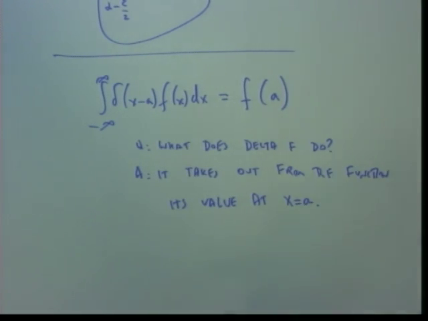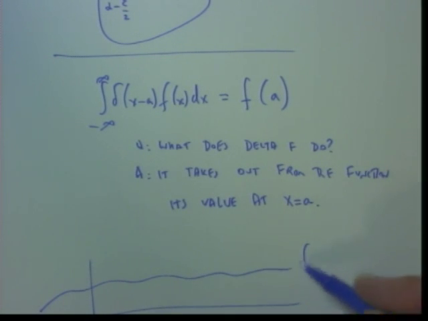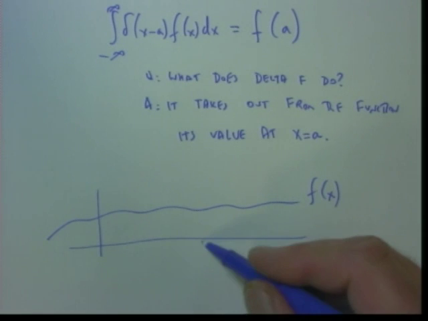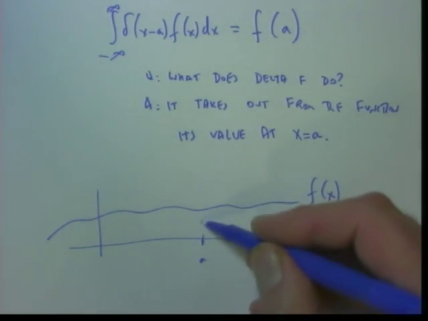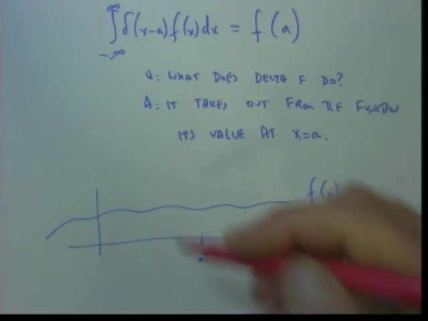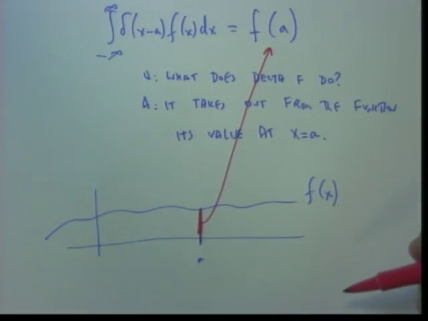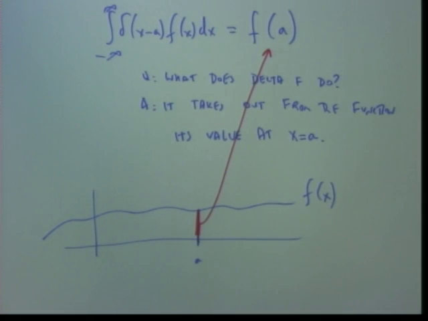The function is something, like f of x, and the delta function takes just one value from it. That is what the delta function does. Dirac's delta function.